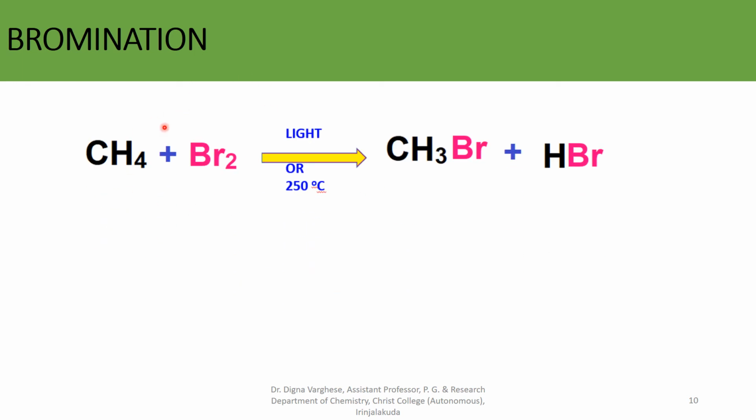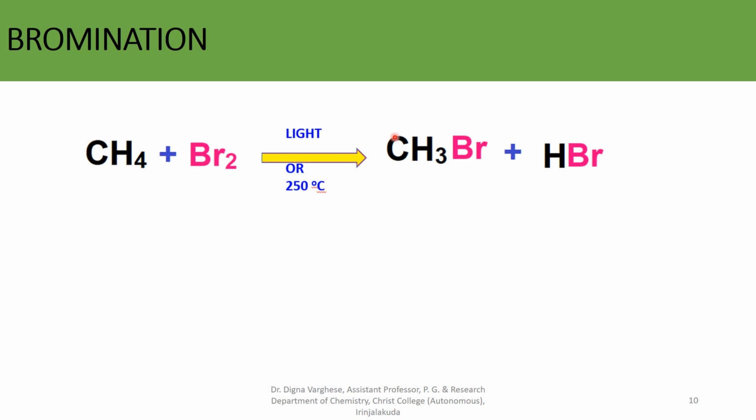Bromination. Bromine reacts with alkanes either in the presence of UV light or at 250 to 400 degrees Celsius to yield the bromo derivatives of alkanes. The reaction is similar to chlorination. Here you can see methane reacts with bromine.